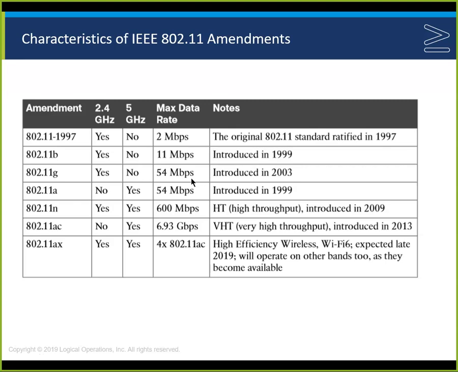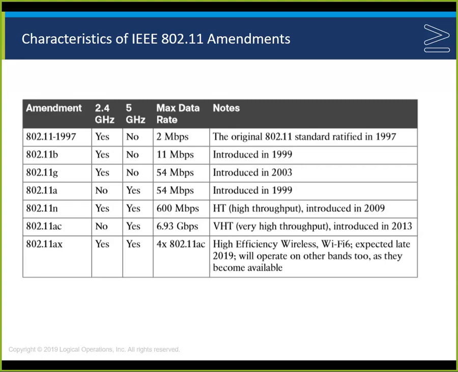The story is that they couldn't get the silicon that they needed in order to make the chip, for whatever it's worth. 802.11n was one of the first big, recent breakthroughs, introduced in 2009. It used both the 2.4 gig and the 5 gig, and we had a big jump in data rate here. We got to 600 megabits per second. It's high throughput, introduced in 2009. This introduced a concept called MIMO.